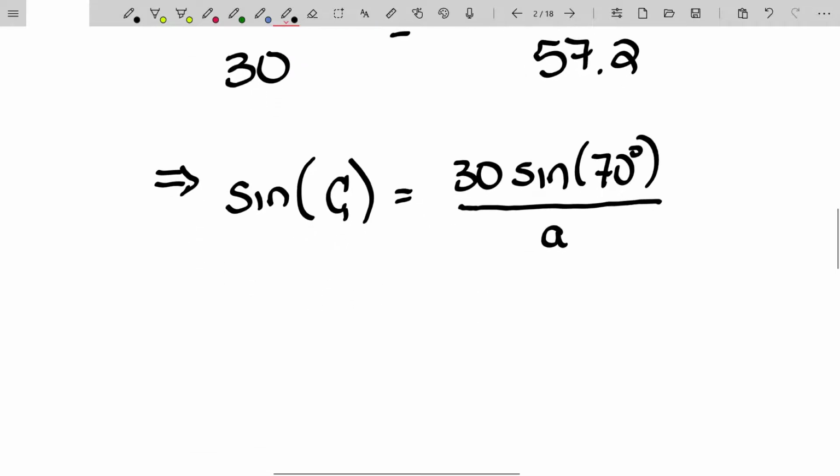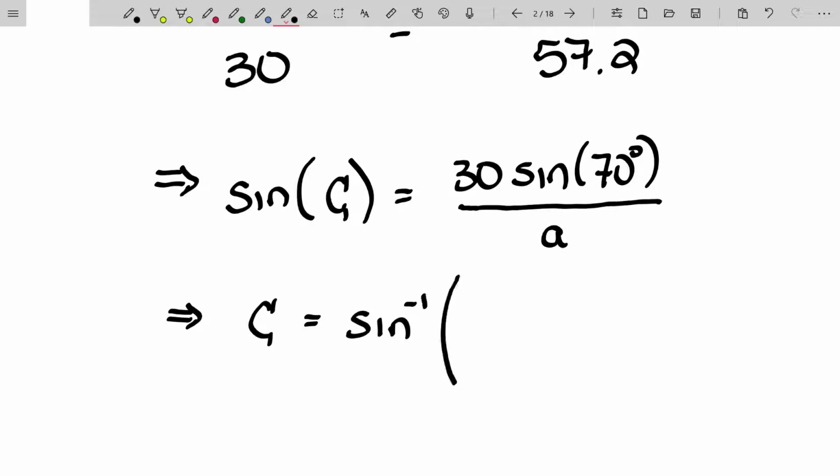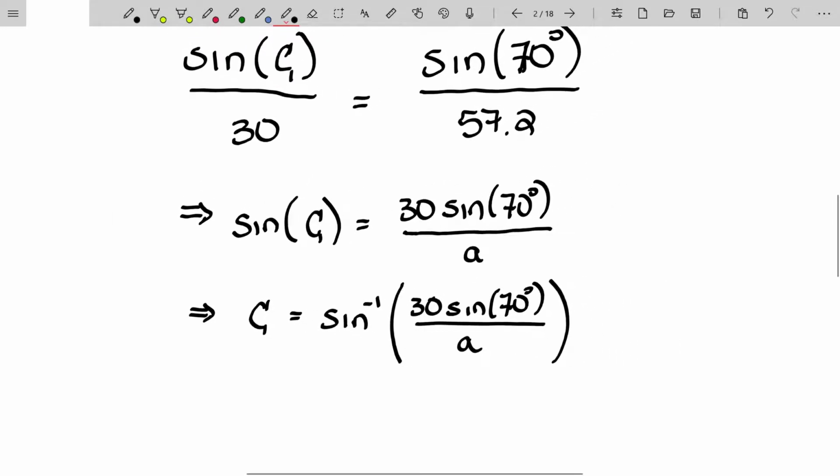And then I'll take the sine inverse of both sides. So angle C will be the sine inverse of 30 sine of 70 degrees divided by side A. Again, I could have written 57.2 there, but that would be a poor approximation.